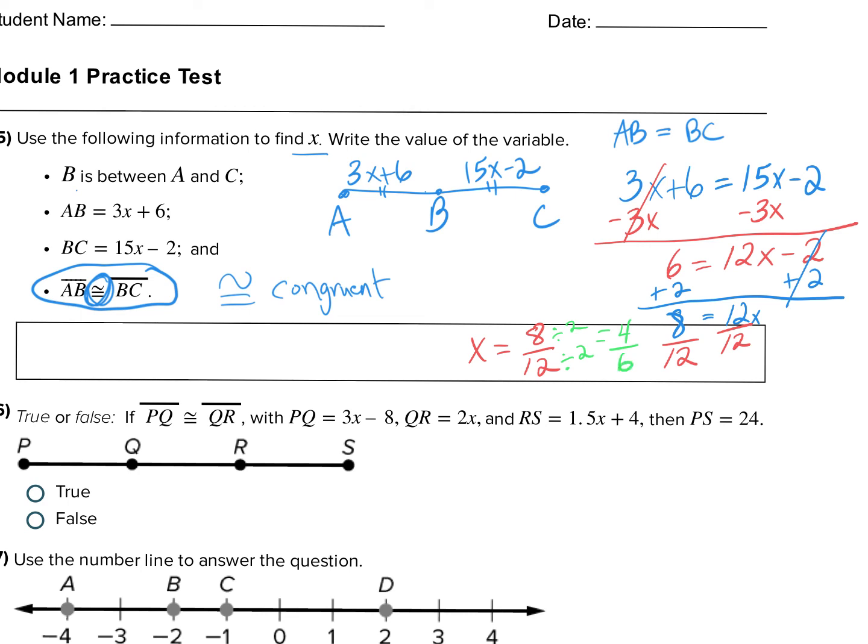And you'll notice 4 and 6 are also divisible by 2. So I can simplify and divide by 2 again. So when I divide by 2 again, what I get is 2/3.